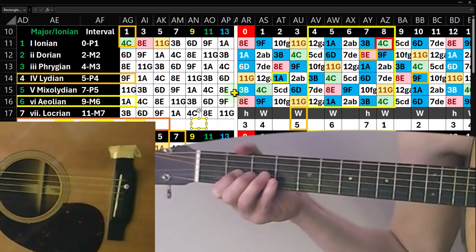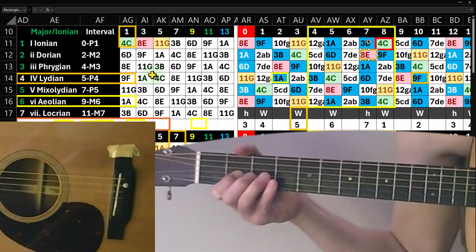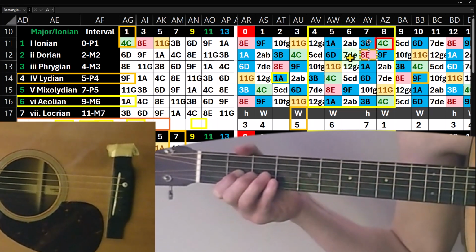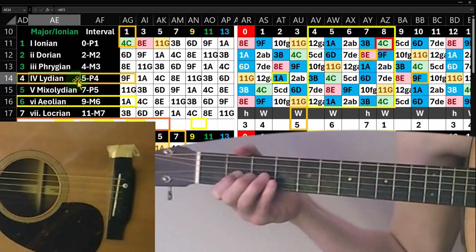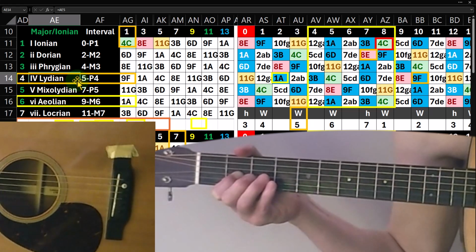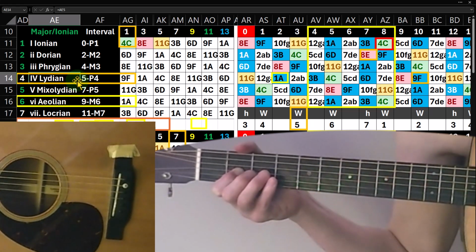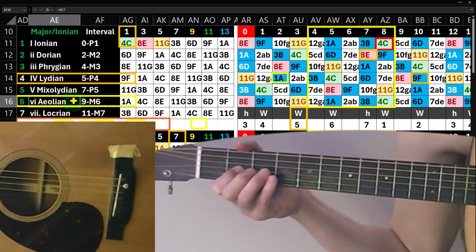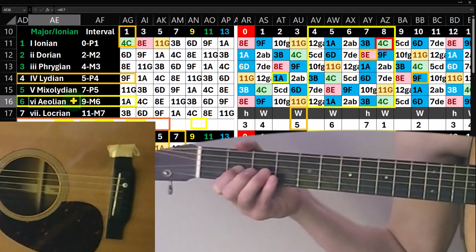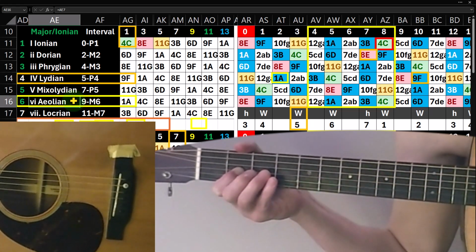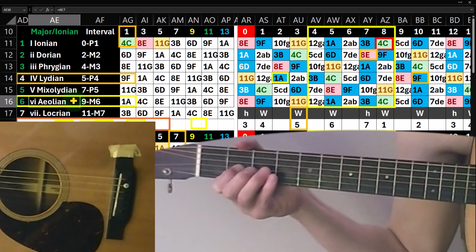So let me convert that to see what that means. If I was in the Lydian mode from that E, if I think about it as the root, then it would be relative position 4 to relative position 1, which would be 4 minus 3 to get it to 1, which means the Aeolian would also have to subtract 3, so it would be 6 minus 3 would be 3.